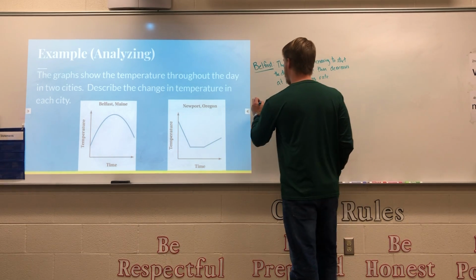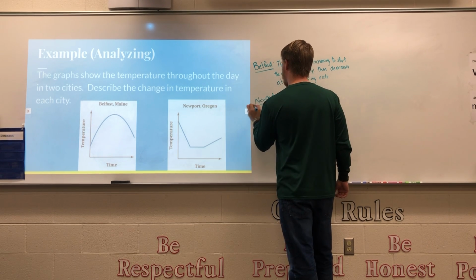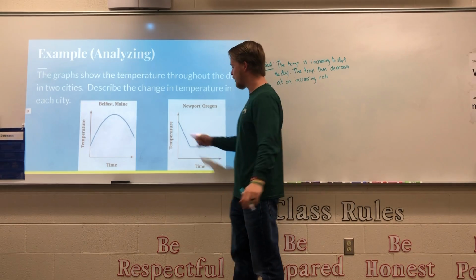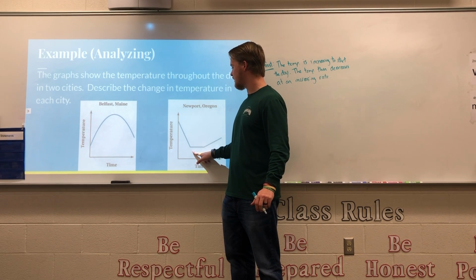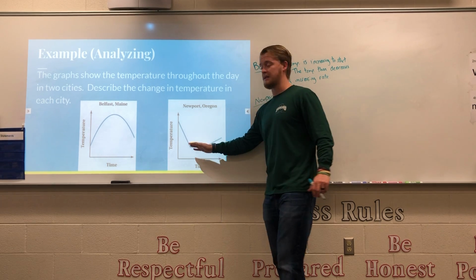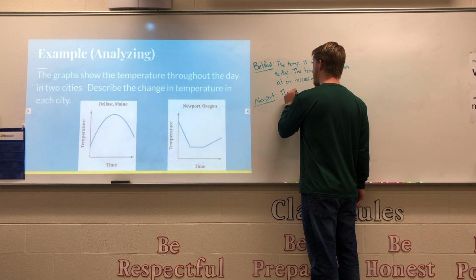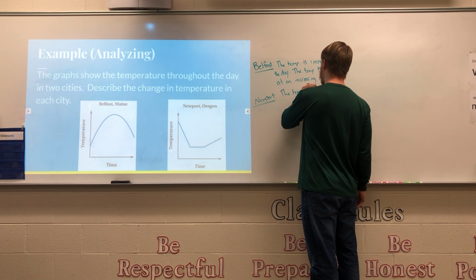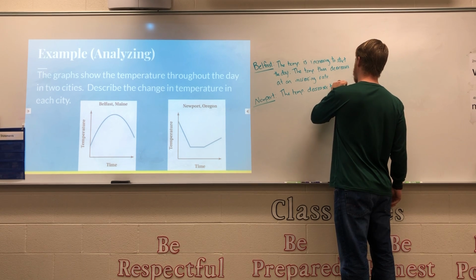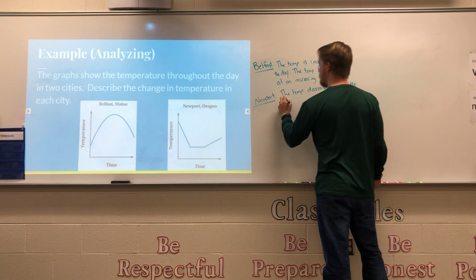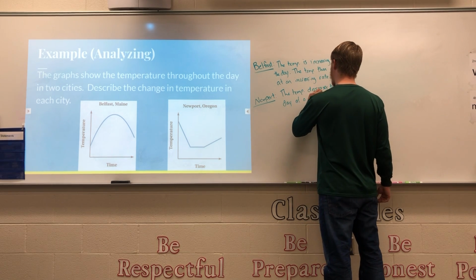Then we have Newport. For Newport, the temperature to start its day was very high, and then it decreased. Since this is a straight line, you do want to make sure you put the temperature decreases to start the day at a constant rate.